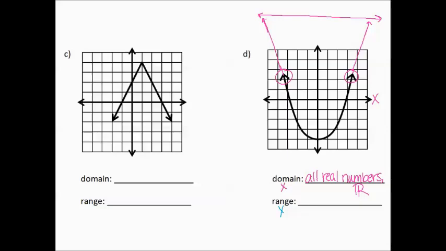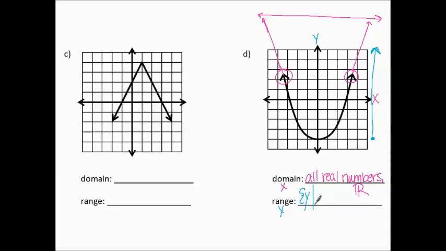Our range is a little bit different. Again, we look up and down for our range, or my y-axis, and I look at my graph. Now it is going up in this direction, but I do have a stopping point here. My graph does end here, and it goes up forever. So in this case, I'm going to do like I did in my other example, y and a bracket.